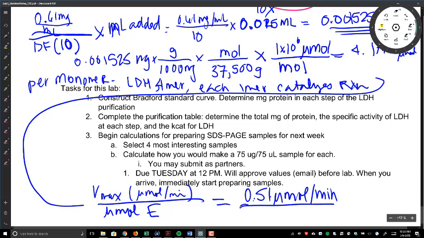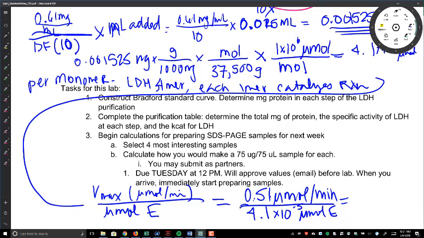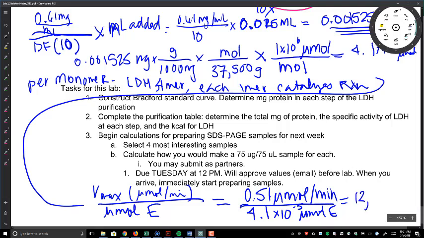And we divide that by 4.1 times 10 to the negative 5 micromoles of enzyme, and that's going to give us, let's go back and calculate, about 12,439 per minute. So 12,000 per minute, we divide that value by 60, or about 210 per second.